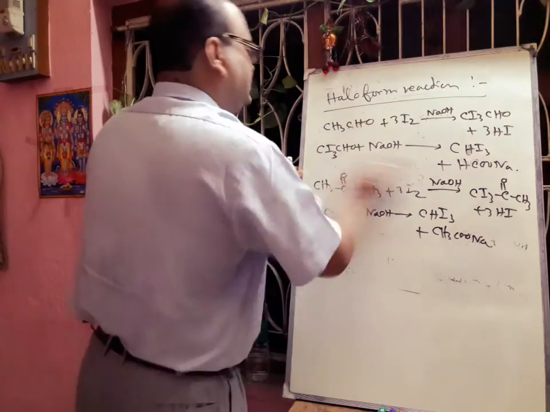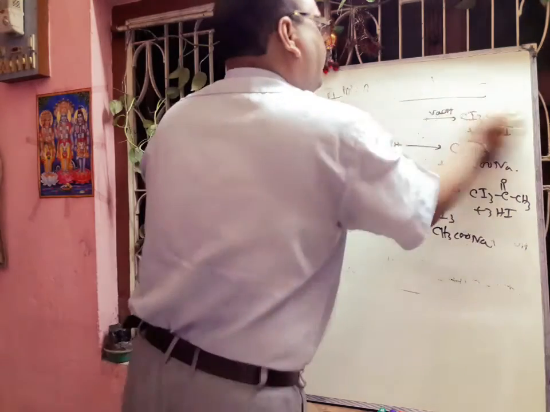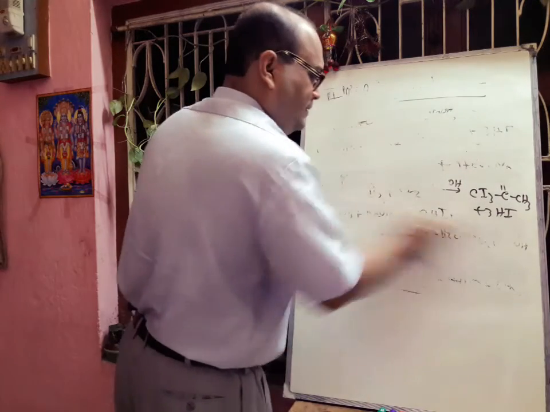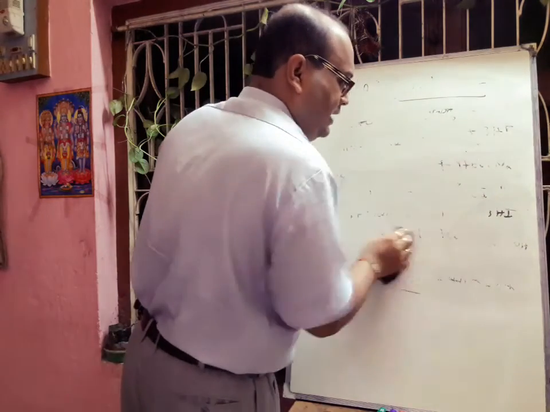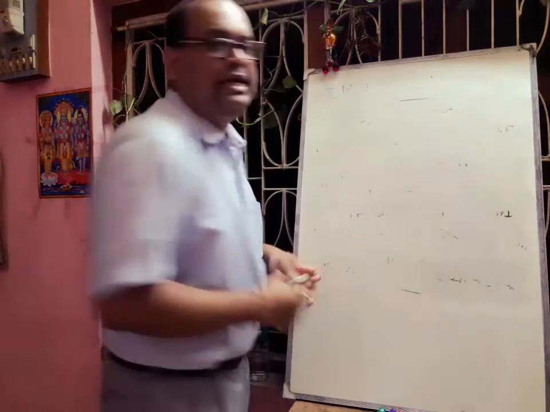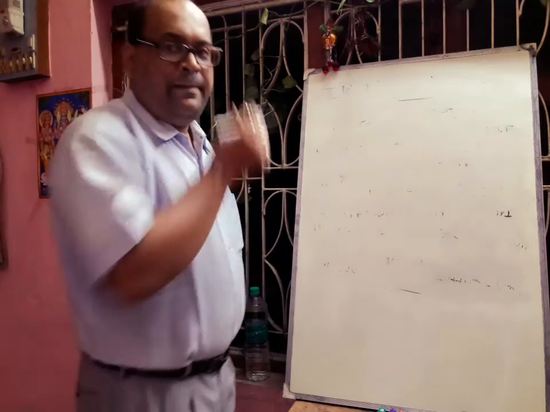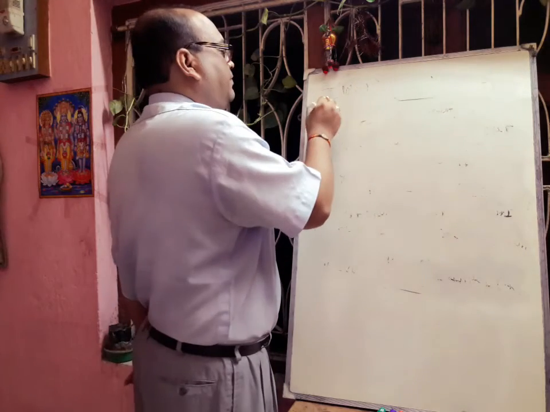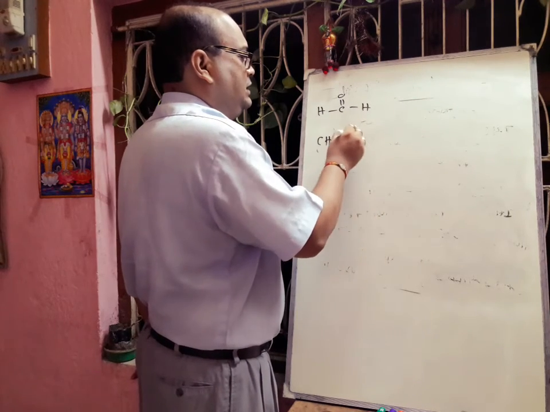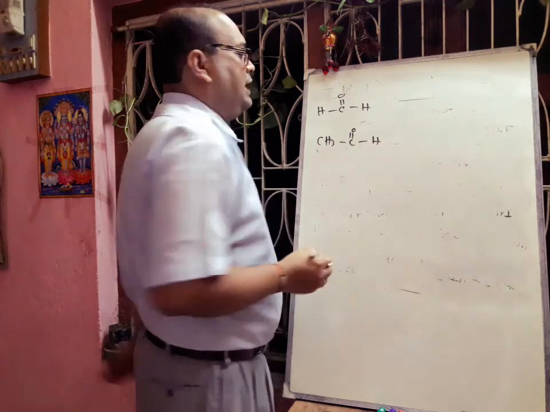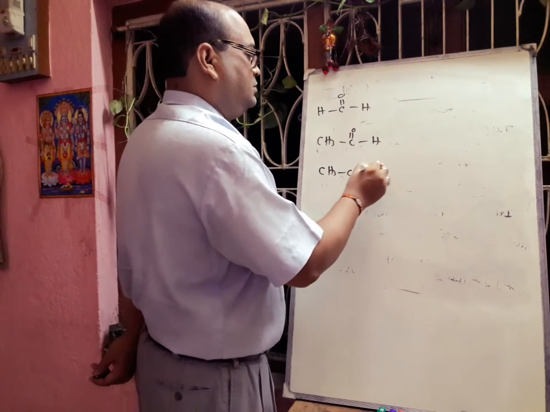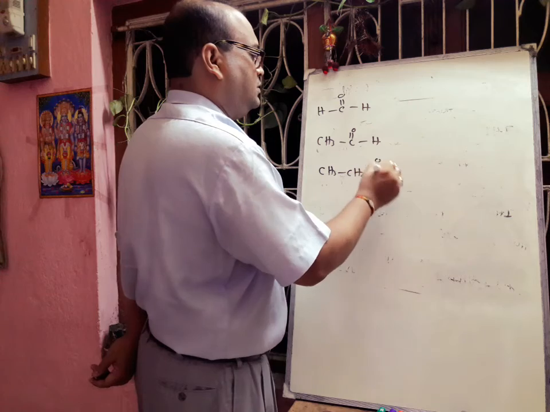If we take an example, you can understand what type of compounds we can distinguish by this haloform reaction. First, we are taking three compounds: formaldehyde, acetaldehyde, and propanaldehyde.